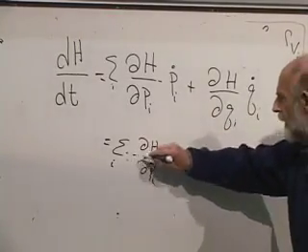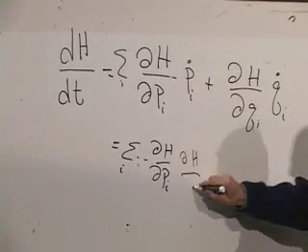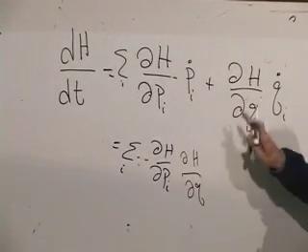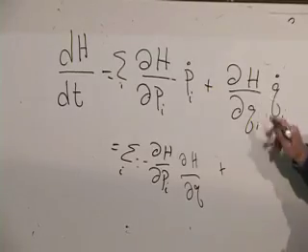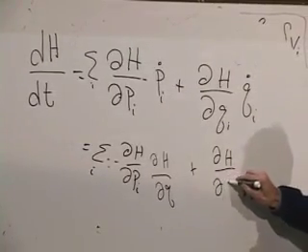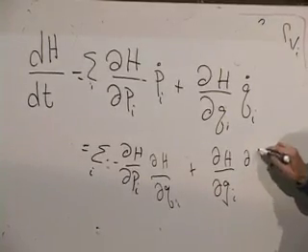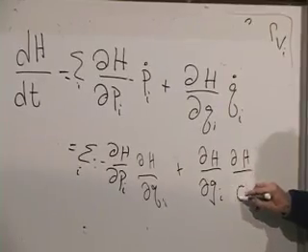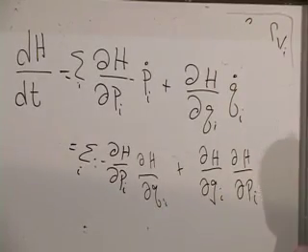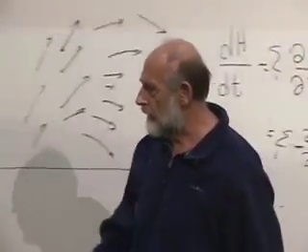That's minus dH/dq, right? And how about this one? This is plus dH/dq times dH/dp sub i. And they cancel. That's what the minus sign is doing there.